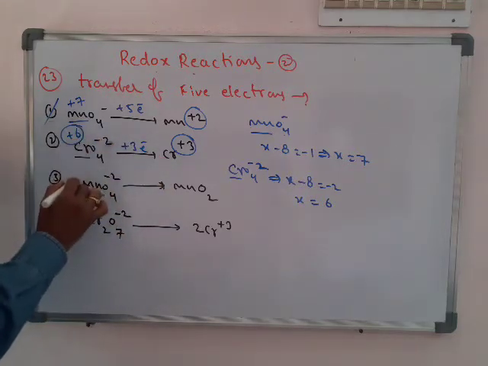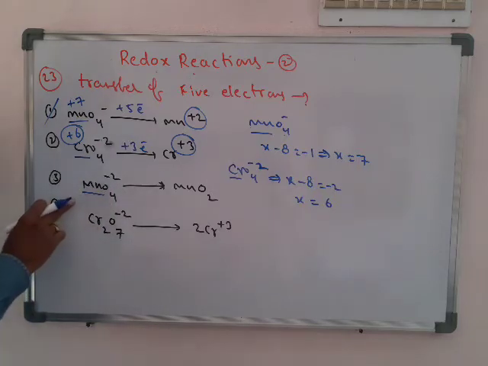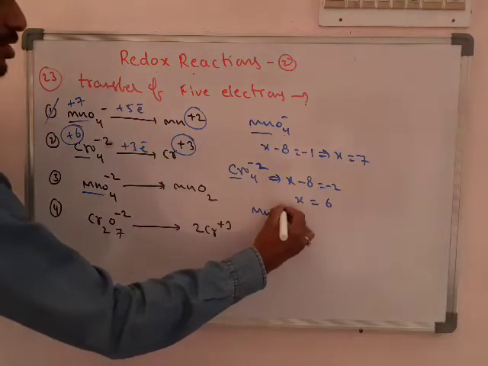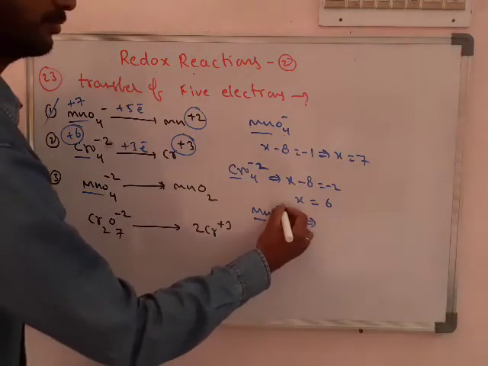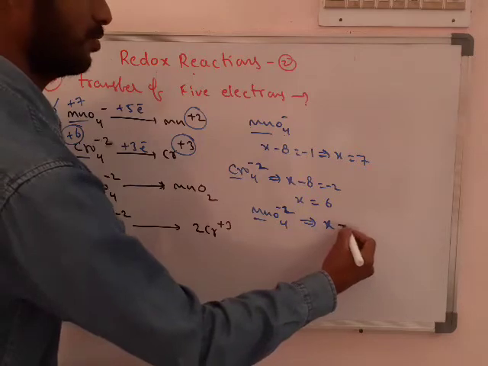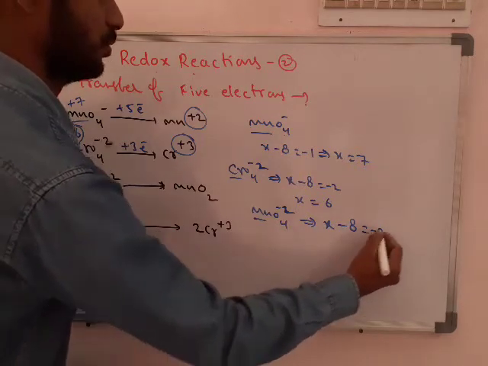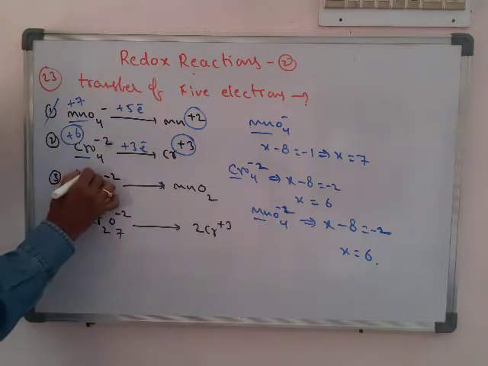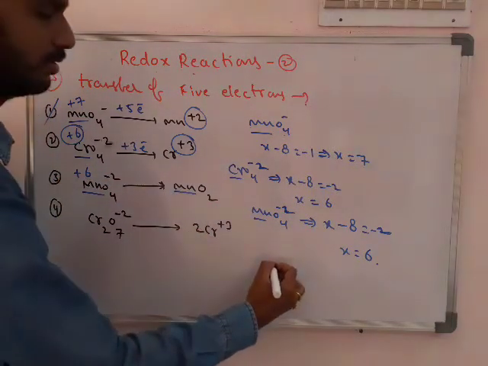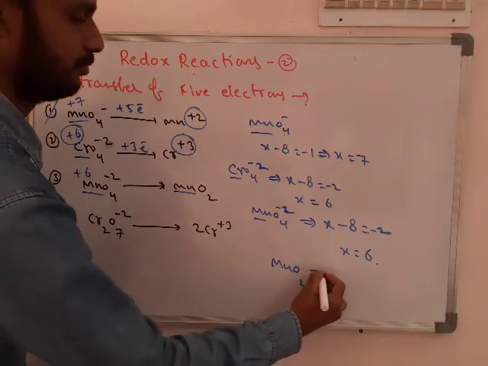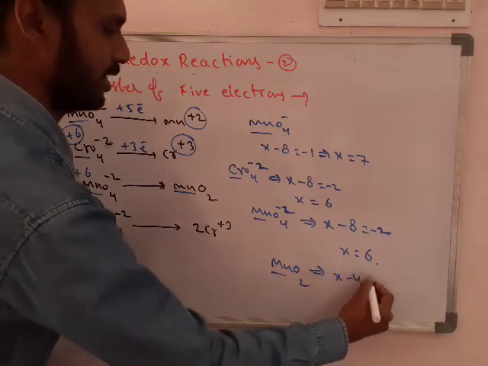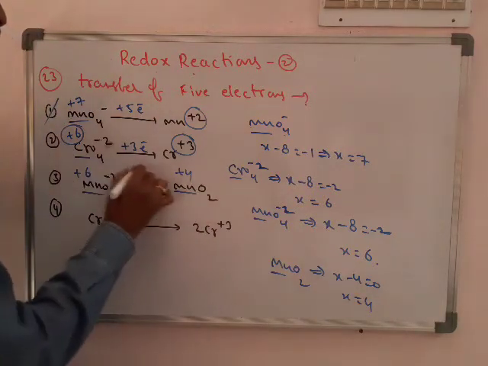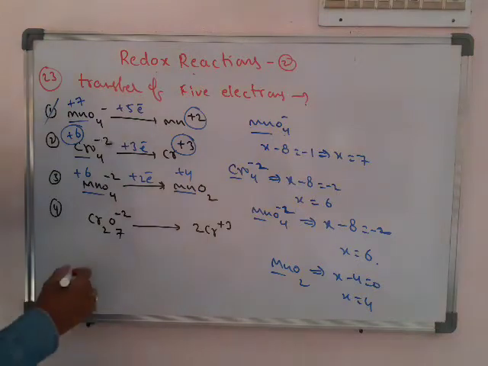Next, MnO4 minus 2: x minus 8 equals minus 2, so manganese oxidation number is plus 6. In MnO2, x minus 4 equals 0, so x equals 4. So plus 6 to plus 4 means a gain of 2 electrons.